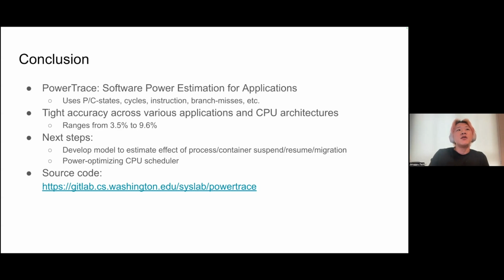Our next steps are developing a model that can estimate the effect of process and container scheduling and building new power-optimizing CPU schedulers. In addition to that, we are also planning to make it even more fine-grained to figure out power consumption of functions or RPCs. The source code is available here, and you can try the tool at this link.